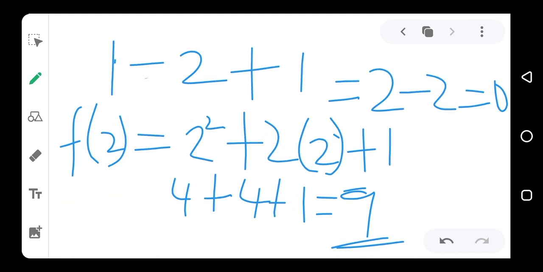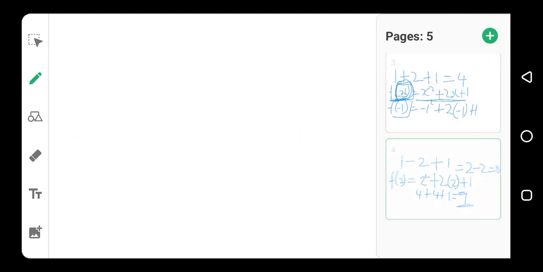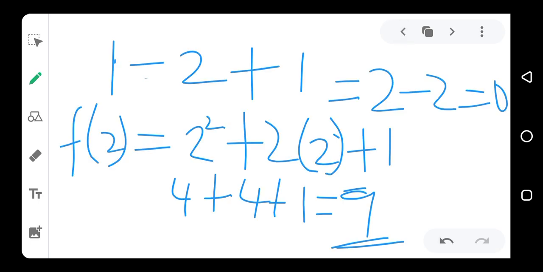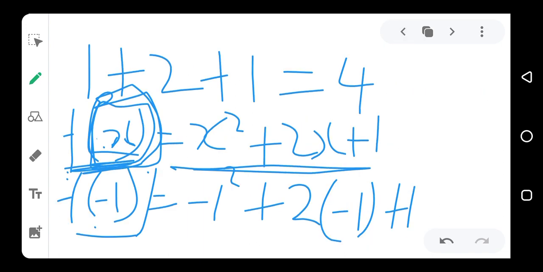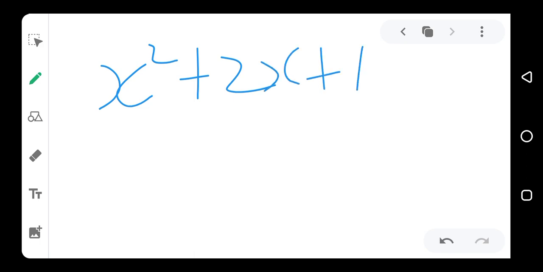Now let's look at another example. Actually, before we look at another example, let's solve that quadratic equation and see whether the root is minus 1. This is the quadratic equation. Let's just do confirmation. x squared plus 2x plus 1.